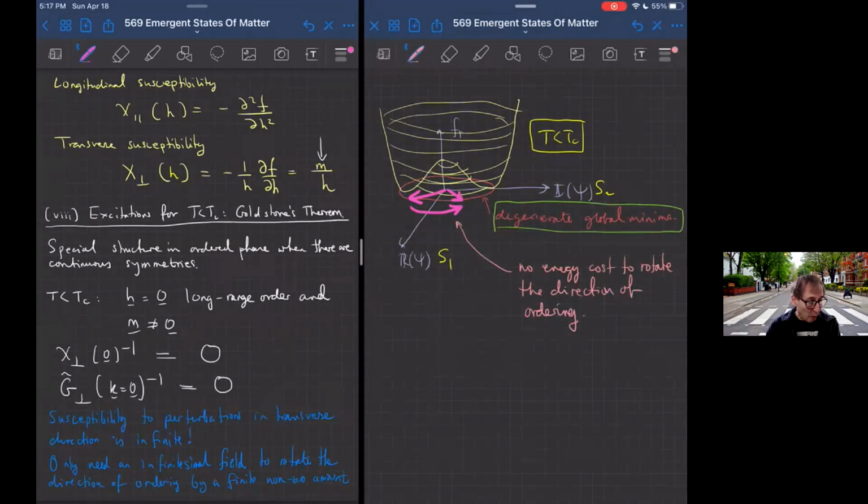And so that's why it is infinitely susceptible, because I only need a very small infinitesimal change of force to move it an arbitrary amount.